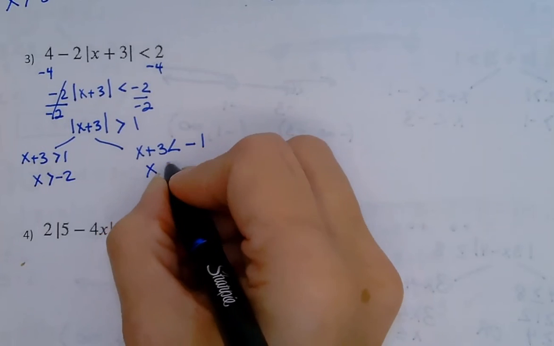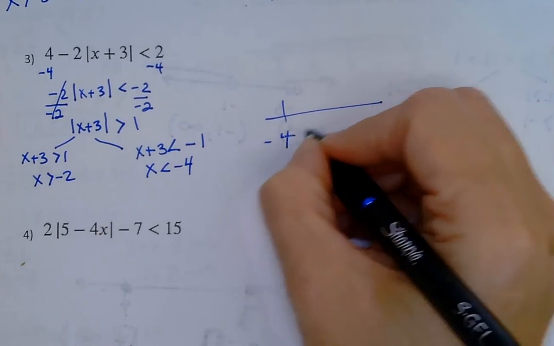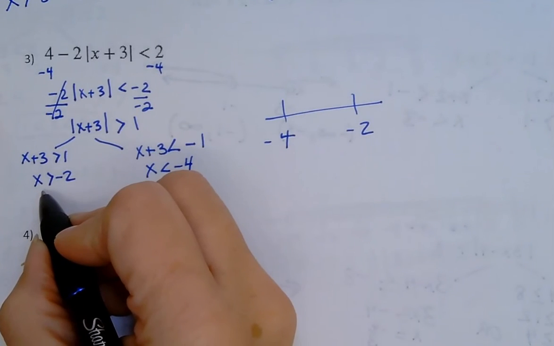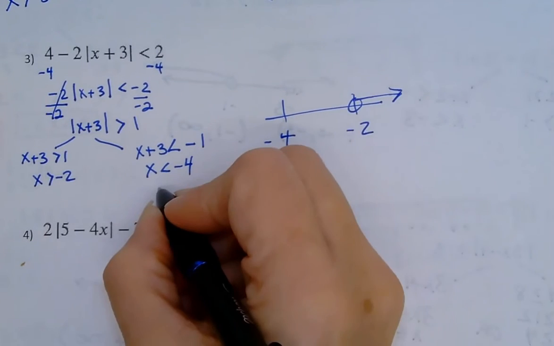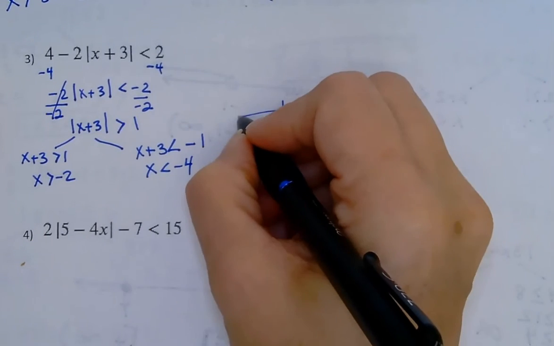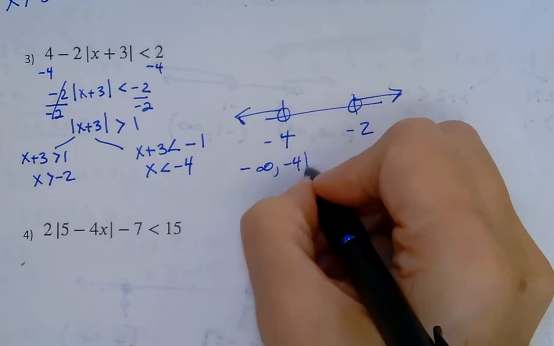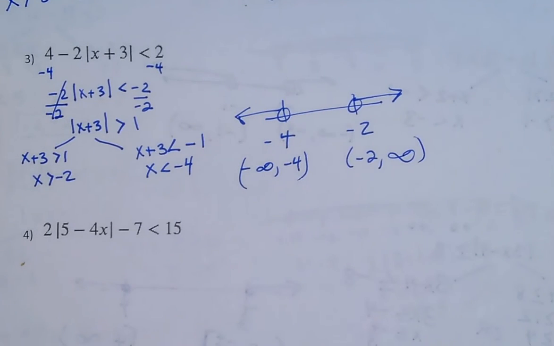Subtract 3 from each side, x is less than negative 4. So my endpoints are going to be negative 4, negative 2, right? X needs to be greater than negative 2. X needs to be less than negative 4. Either way will work. So I'm going from negative infinity to negative 4, and I'm going from negative 2 to positive infinity. Okay, pause and work on number 4.